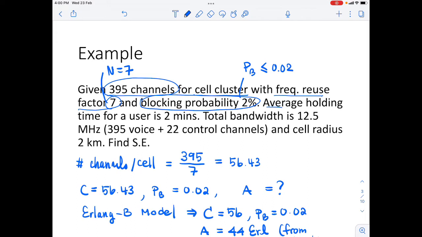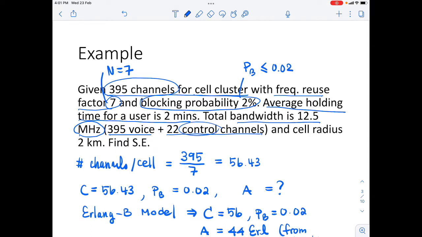The average holding time for a user is 2 minutes. The bandwidth is 12.5 megahertz. This bandwidth provides 395 voice channels and 22 control channels.